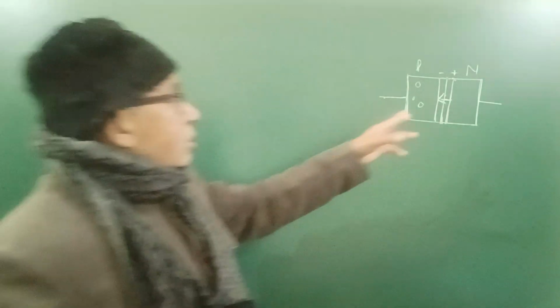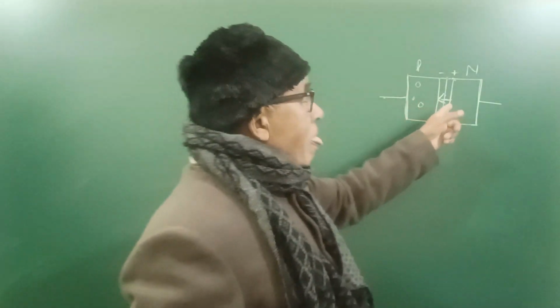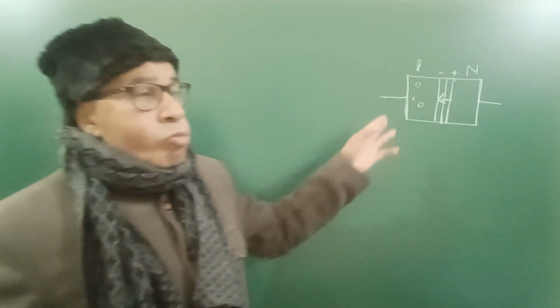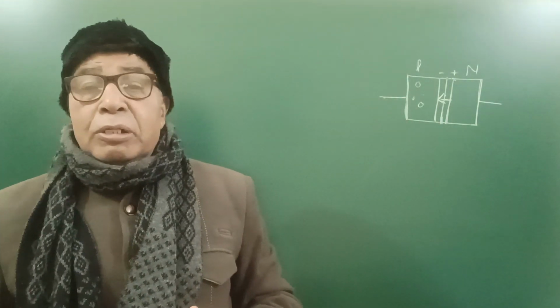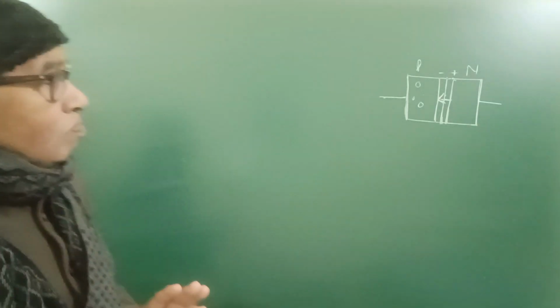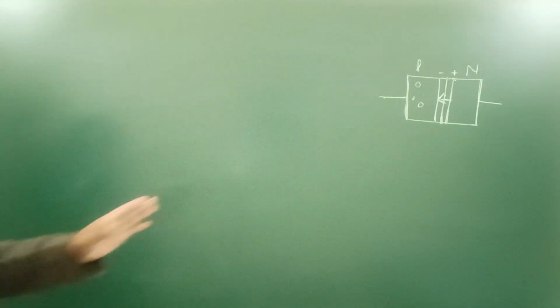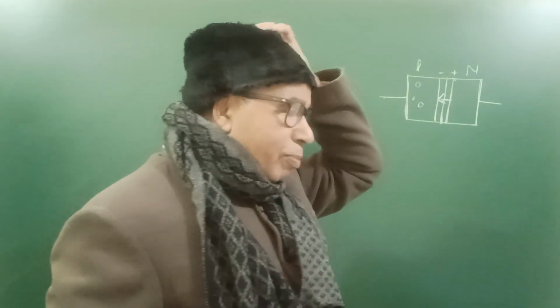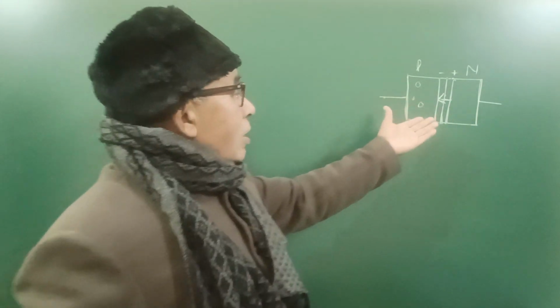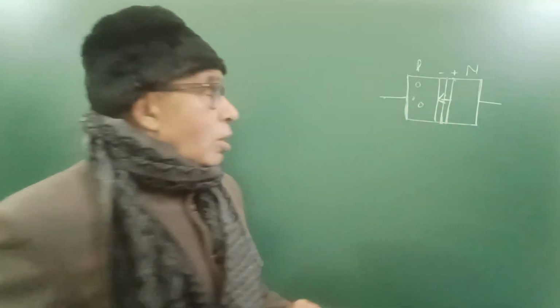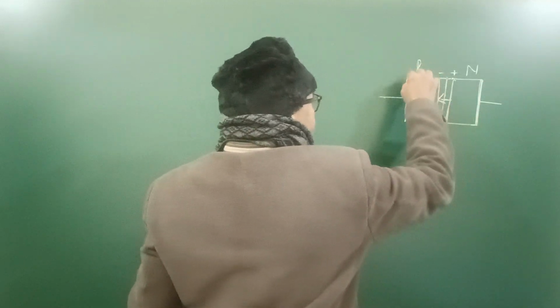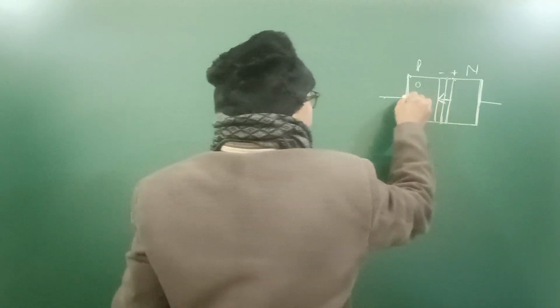That diffusion creates an electric field which drifts minority charge carriers. So two currents start flowing in opposite directions, one diffusion current, the other drift current. Initially the diffusion current is greater than the drift current, but very soon they become equal and opposite and a PN junction is obtained.